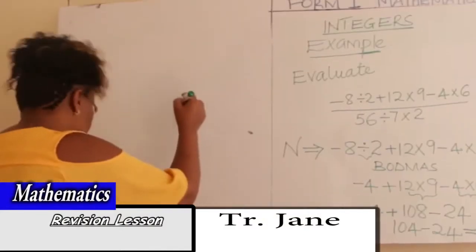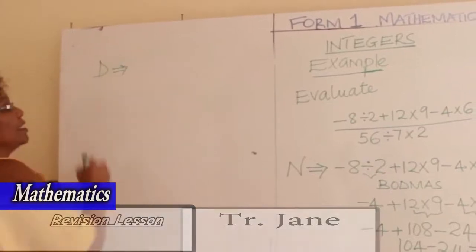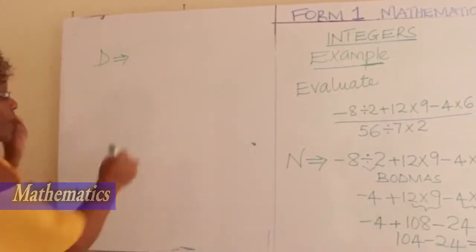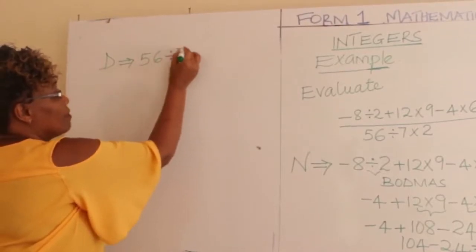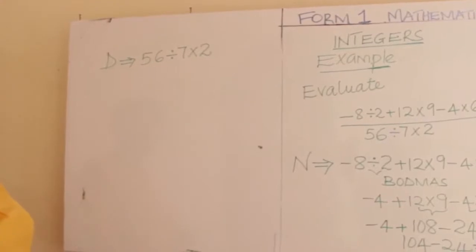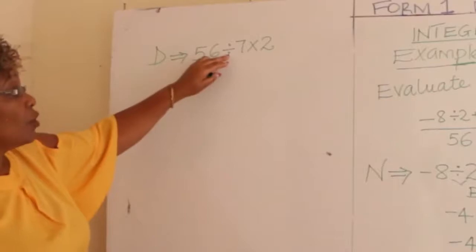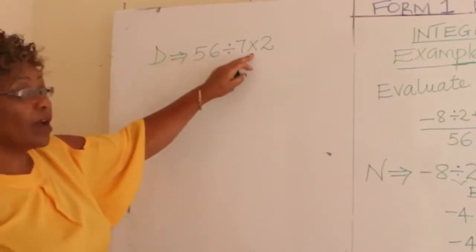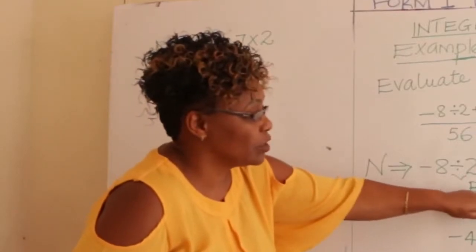Learner, you go to your denominator. Symbolize it with D, denominator. Write it down: 56 divided by 7 times 2. So, BODMAS again. What do you start with? You have division and you have multiplication. You have division followed by multiplication.